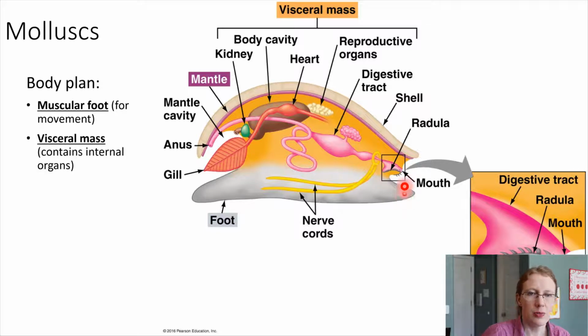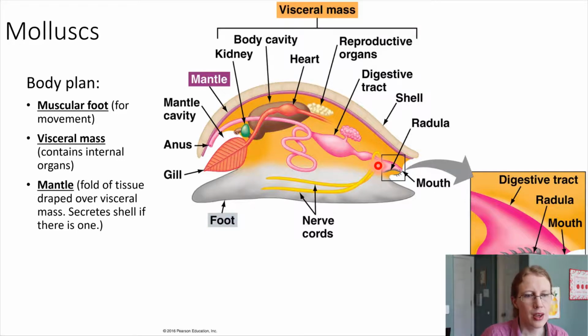The other thing that is present is a visceral mass. Essentially, this is just the body. The visceral mass is located up here, and you can see this is where the digestive tract is located. So those internal organs are located in the visceral mass. And then there's also something called a mantle. The mantle is draped over the top of the visceral mass.